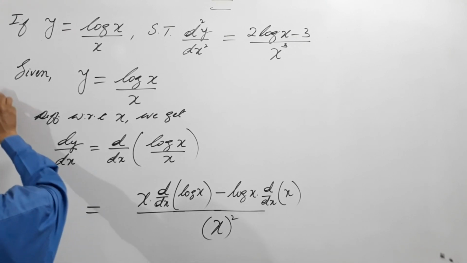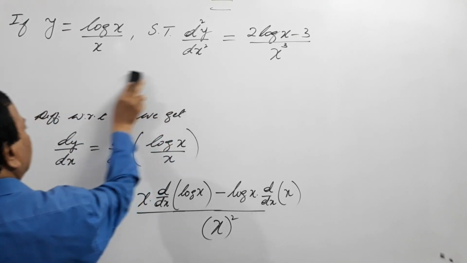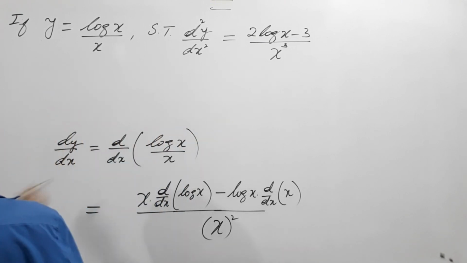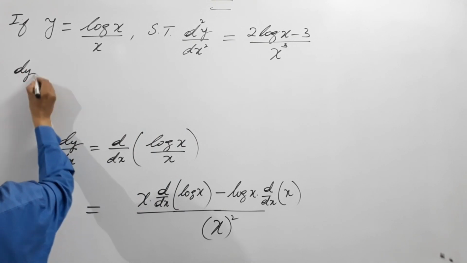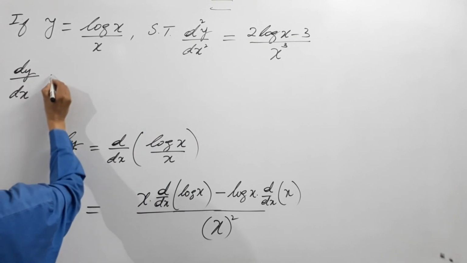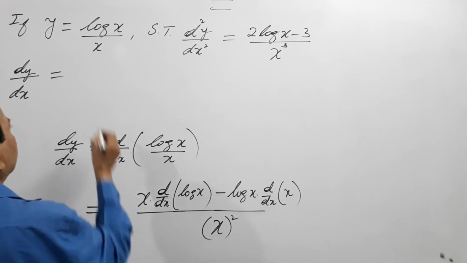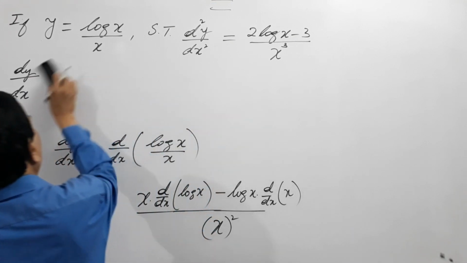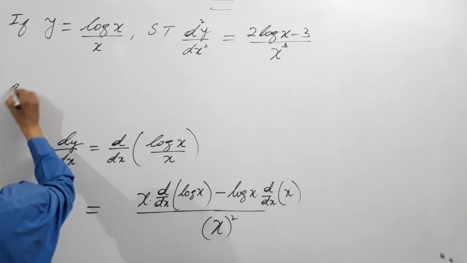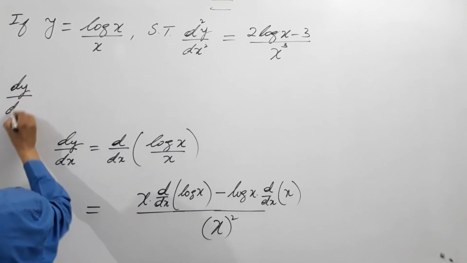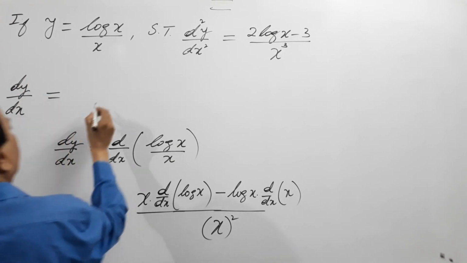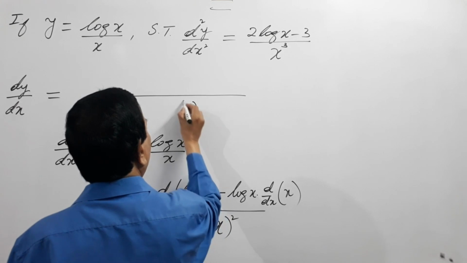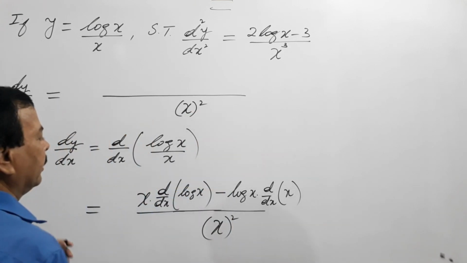Now dy by dx equals x square, the denominator square.